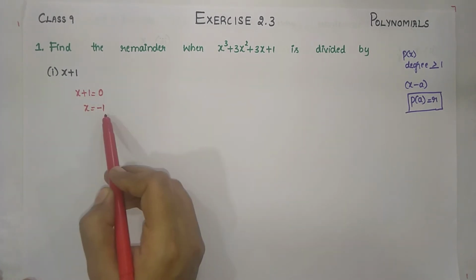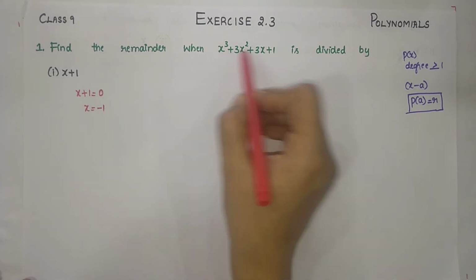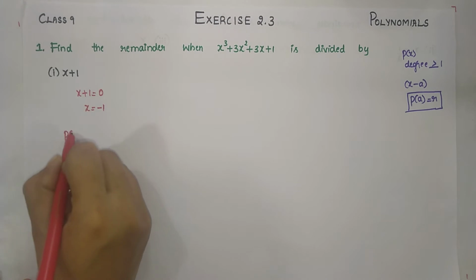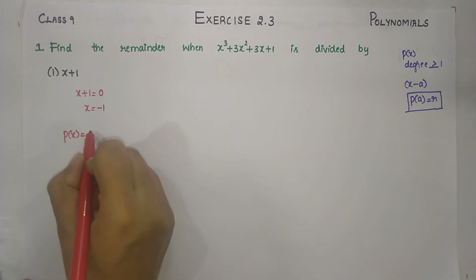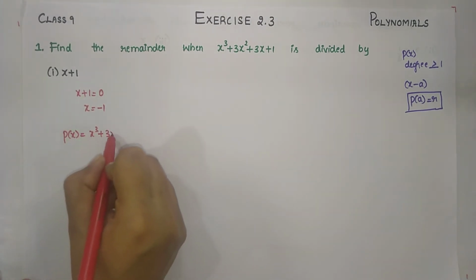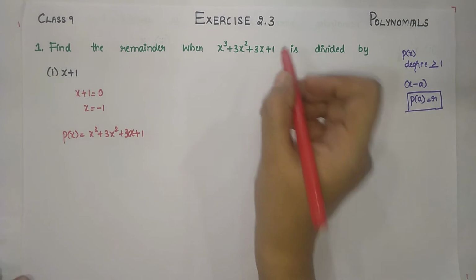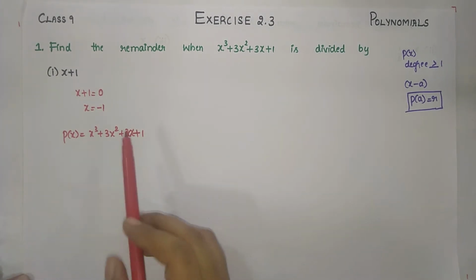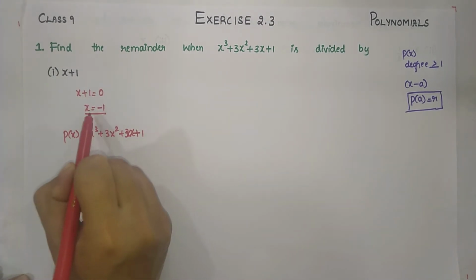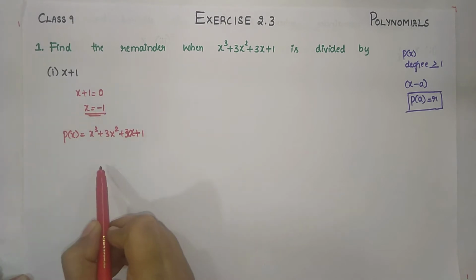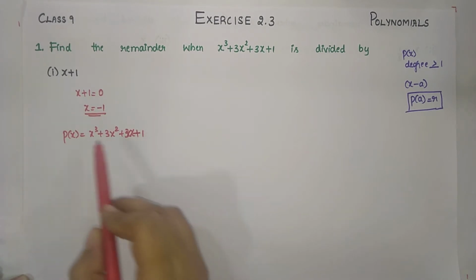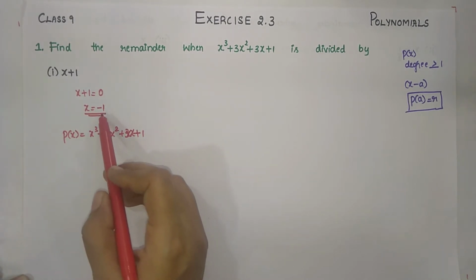And the given polynomial is p of x equal to x cube plus 3x square plus 3x plus 1. So in this polynomial, now we have to replace the value of x as minus 1. That is, wherever x is there, you have to replace that x with minus 1.